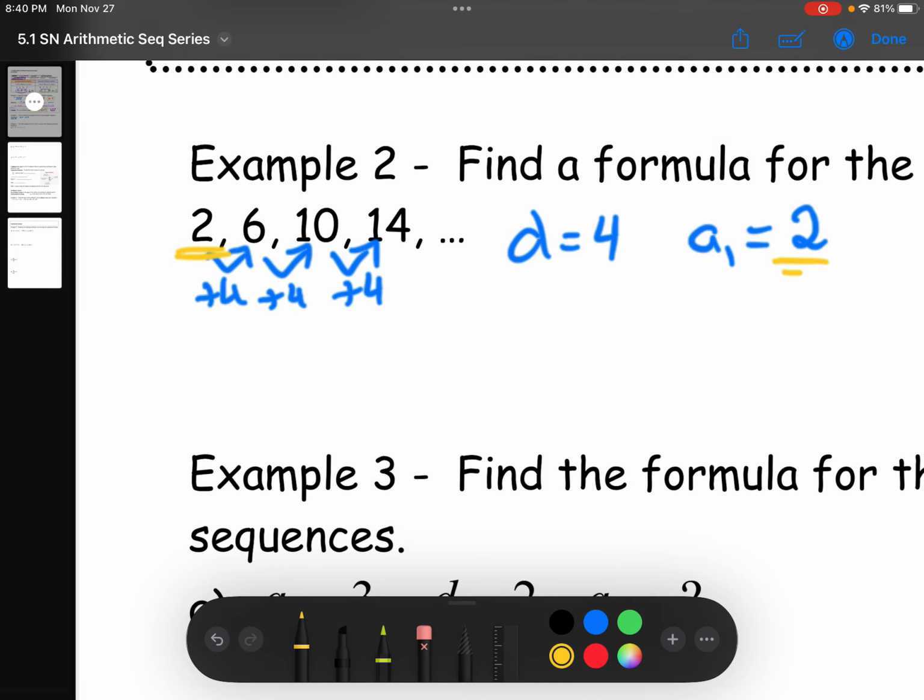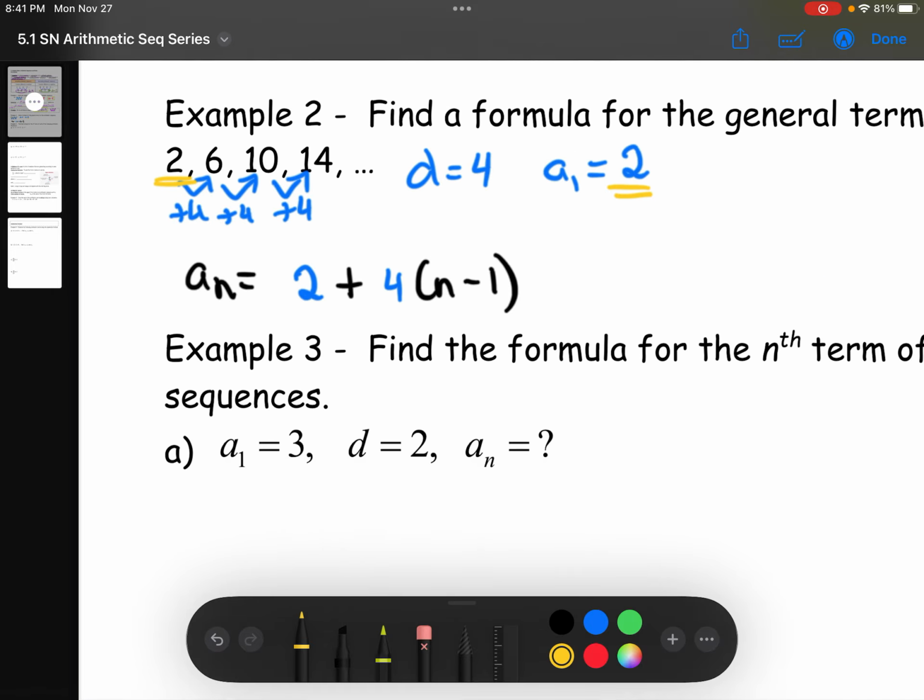So then the formula for A sub n would be A sub 1, which is 2, plus D, which is 4, times n minus 1.